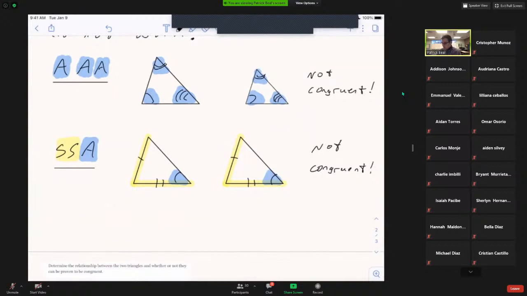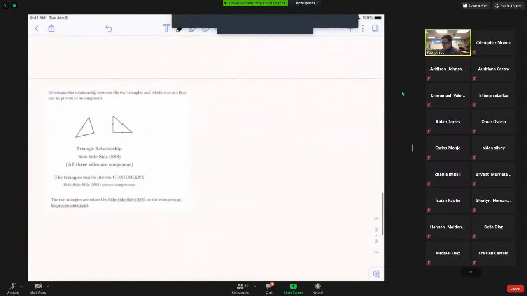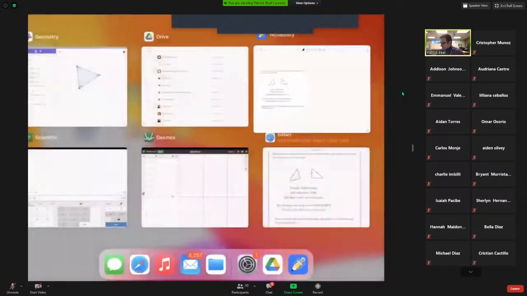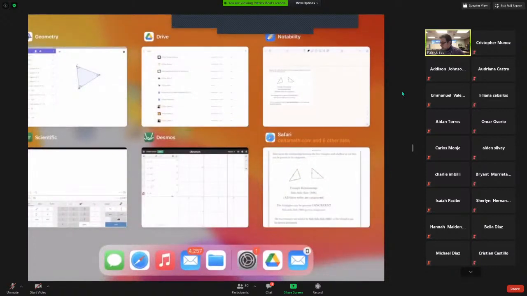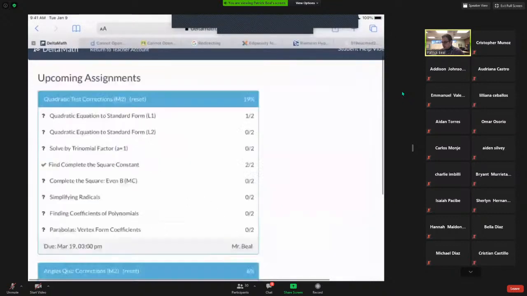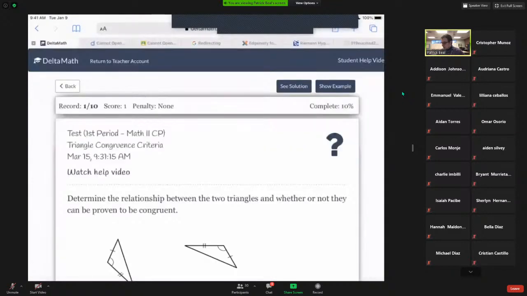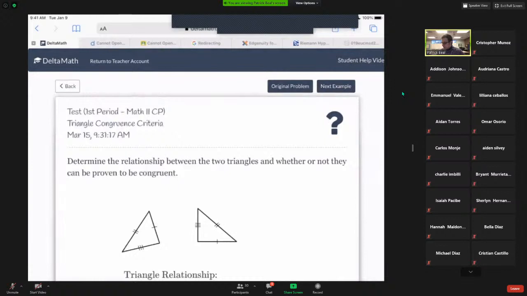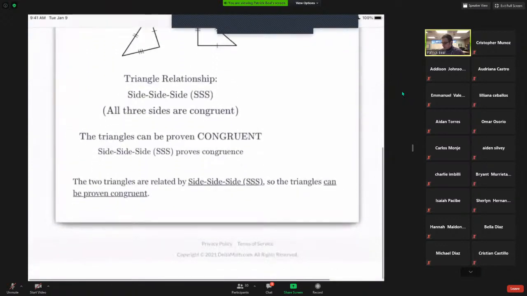I think that wraps it up. I'll paste in some more examples here when I have a minute, just so you have access to those. But you can see all those examples just by clicking Show Example when you're in the homework. Just click Show Example, and you'll get to see all of these examples here.